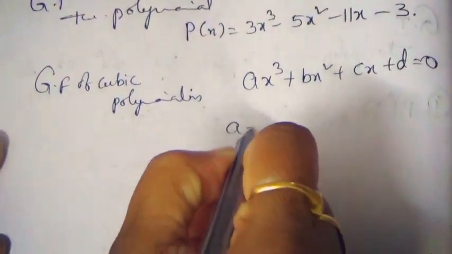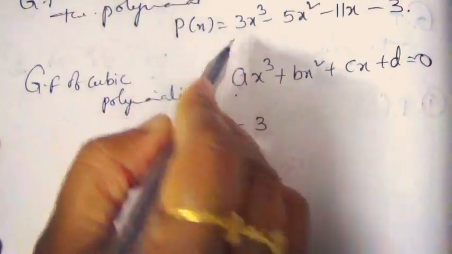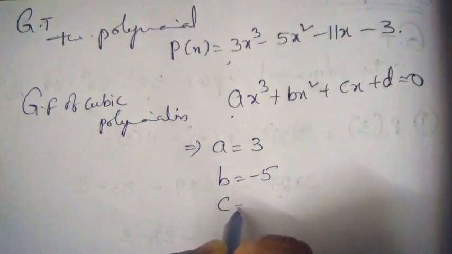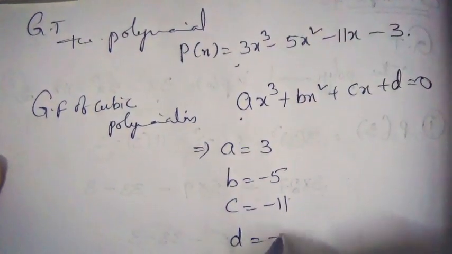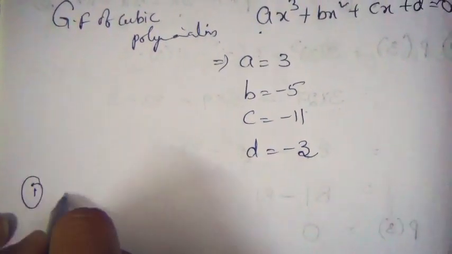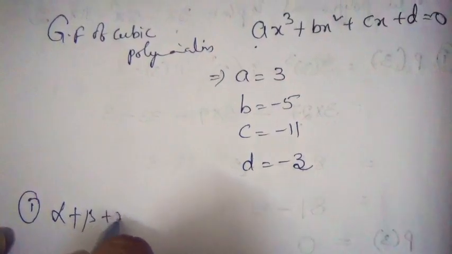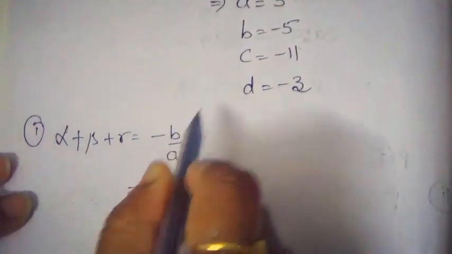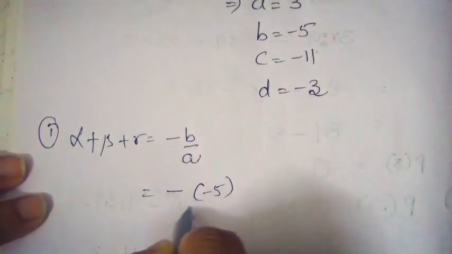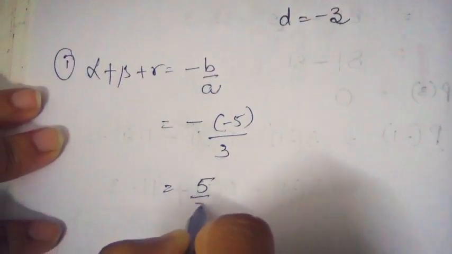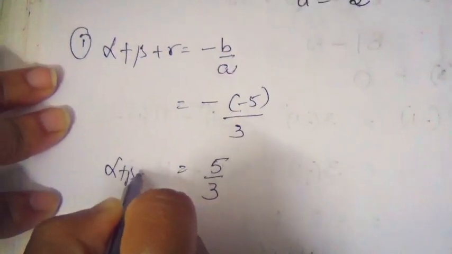What is a? In the place of a there is 3, b is equal to minus 5, c is equal to minus 11, d is equal to minus 3. These are the values of a, b, c, d. Yes, the relationships you have to find out. Alpha plus beta plus gamma is equal to minus b by a, that is minus 5 by 3 with the minus, so minus of minus plus 5 by 3. It is the value of alpha plus beta plus gamma.